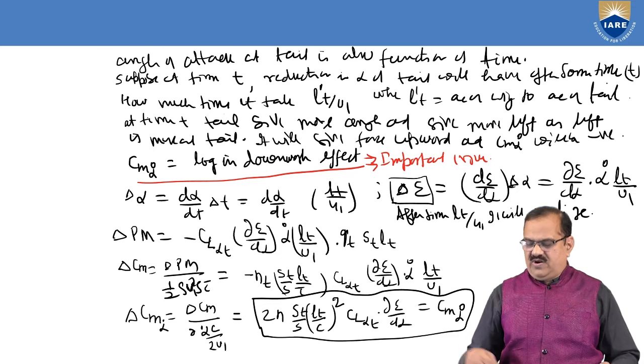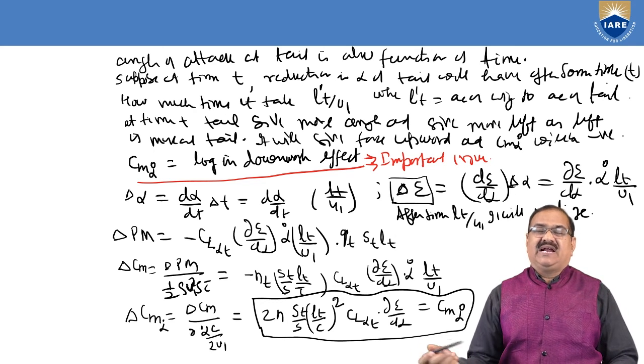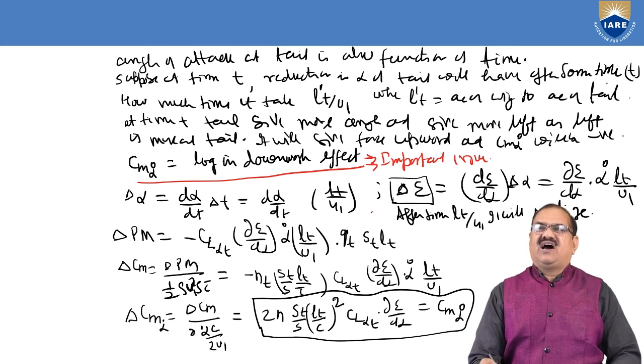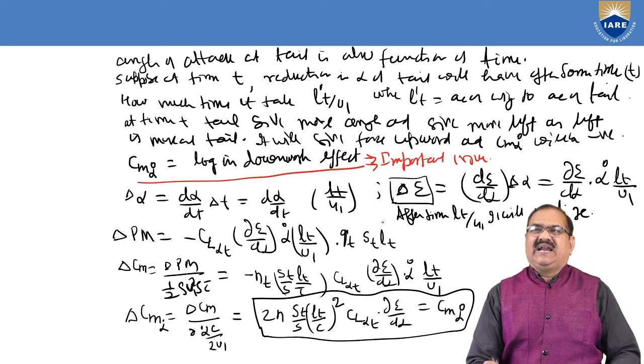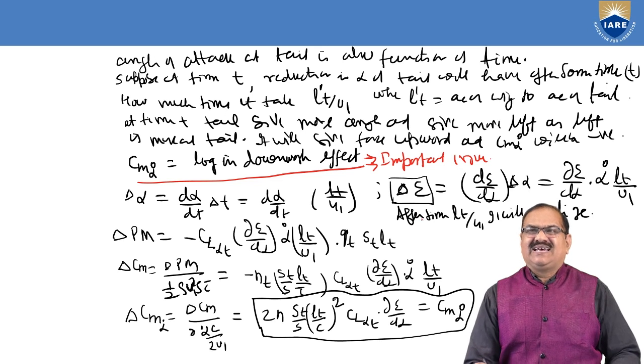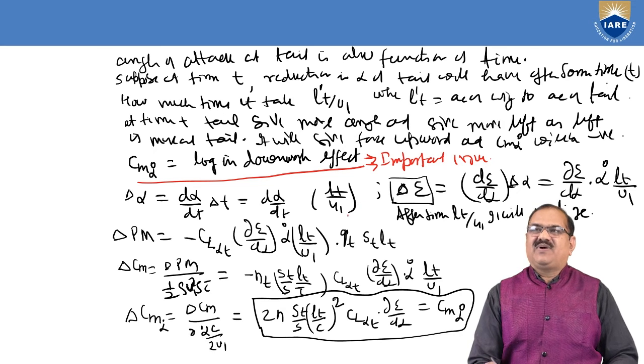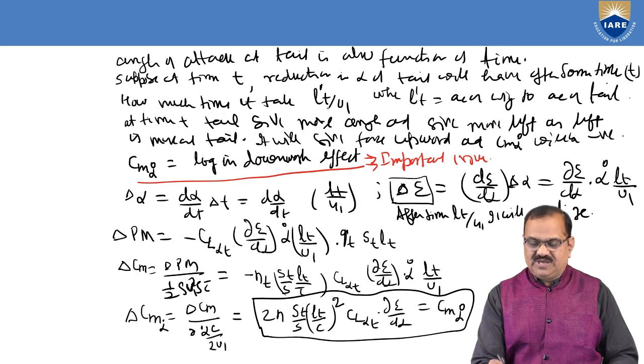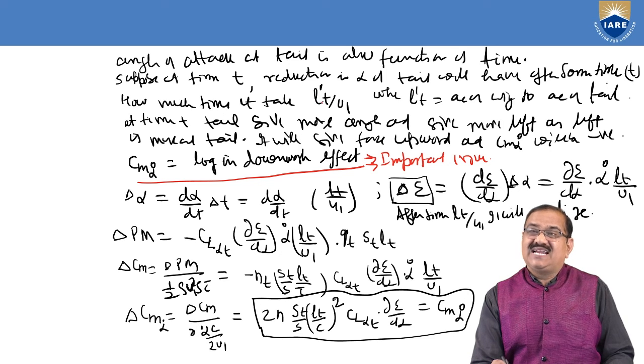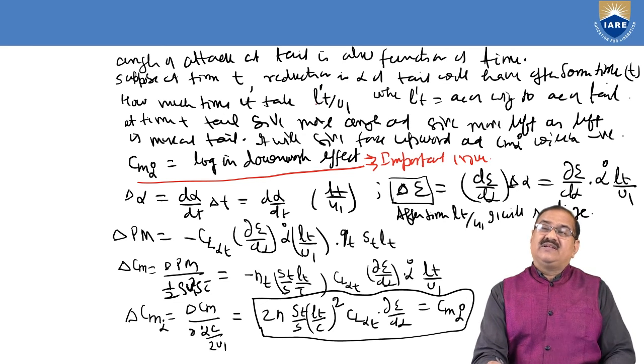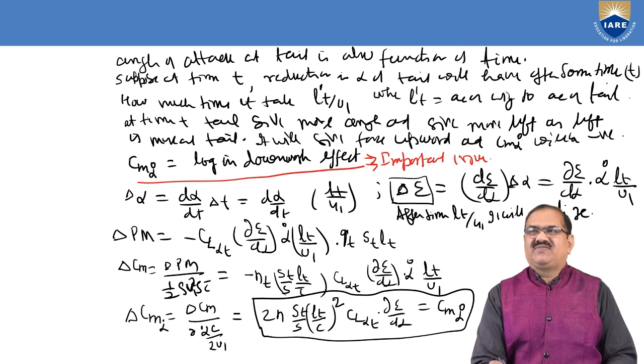It will take some time, and how much time it takes depends upon LT by U1, where U1 is the velocity of the aircraft and LT is the moment arm of the tail.